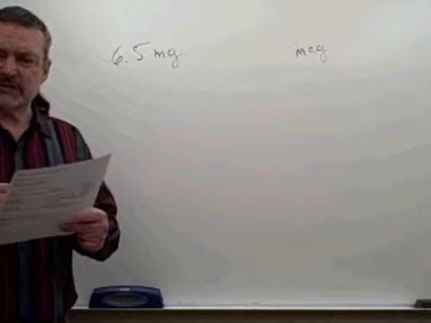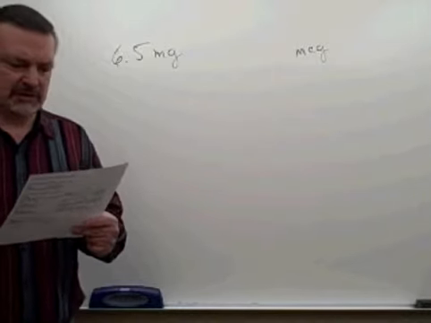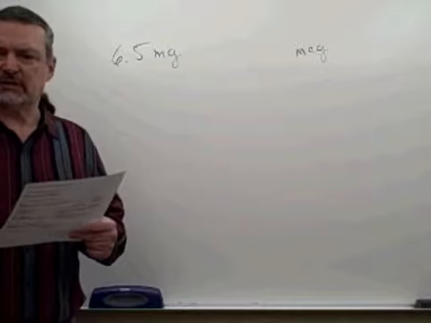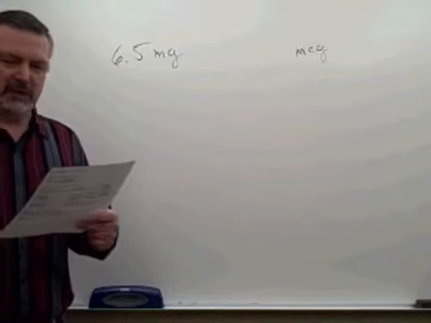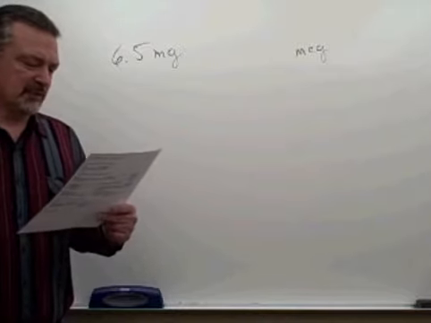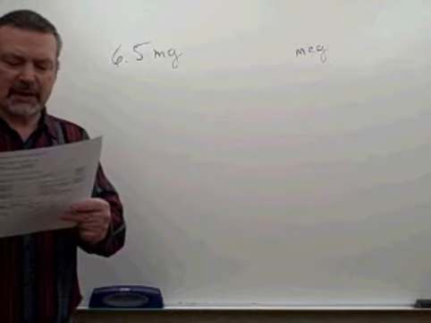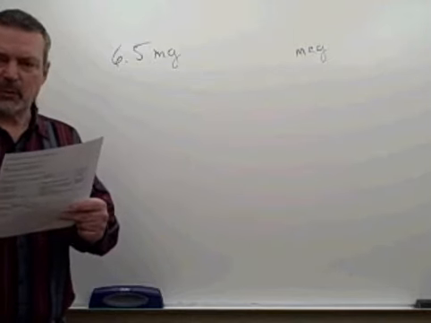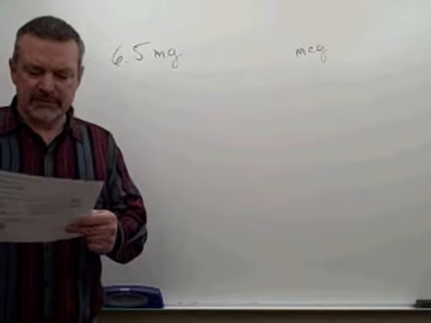The metric system is a measurement system that's been around for many, many years. It's been used in most of the rest of the world other than the United States. We haven't quite adopted the metric system the way the rest of the world did. But if you'll notice, micrograms and milligrams are a measurement of weight. And you'll notice the equivalence that you have there.